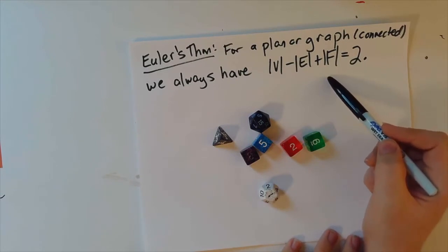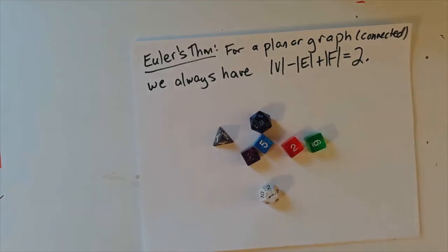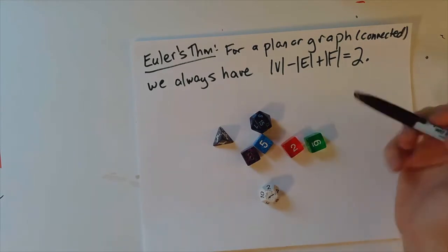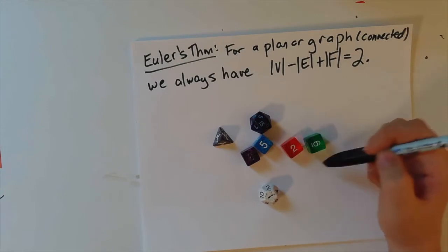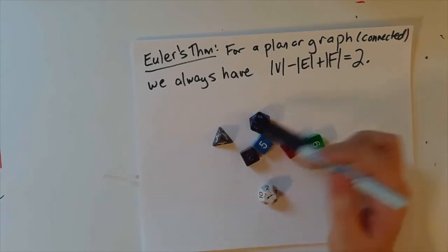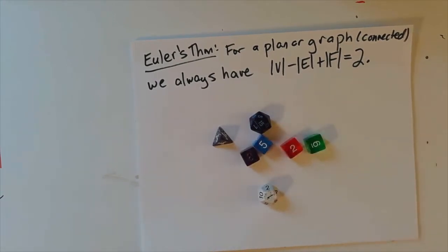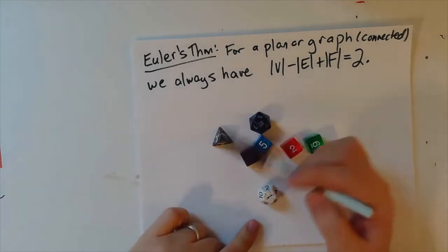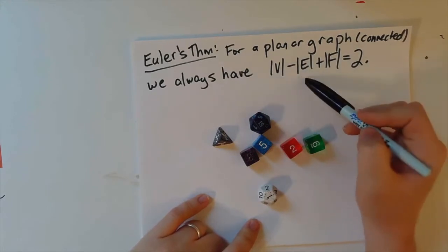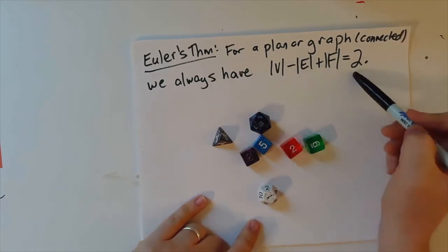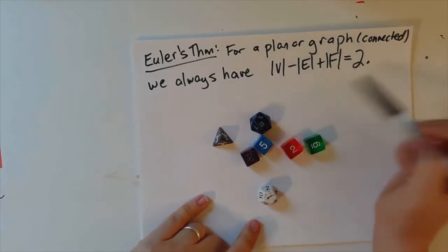If you draw something on a sphere, or if you break the sphere, if you want, into shapes, so you could, for example, break the surface of the sphere into squares, or into pentagons, or whatever, or in some more complicated combination, like we'll talk later about a soccer ball, for example, which consists of hexagons and pentagons, that no matter how you do that breaking up of the sphere, if you count these three things, you will always get 2 out of this.